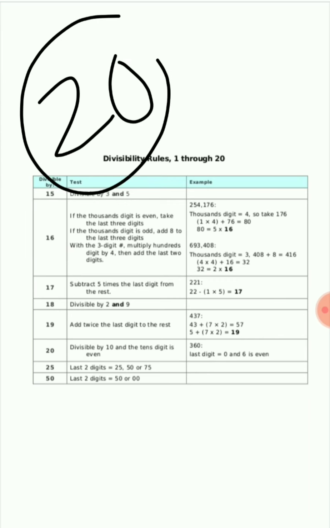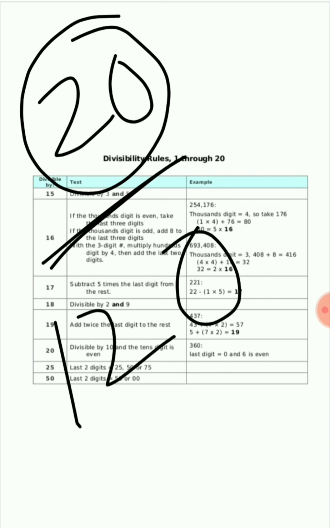Now we check the divisibility rule of 20. How can we check whether a given number is divisible by 20 or not? Let's take an example. Let the number be 120.